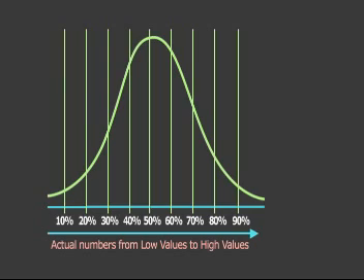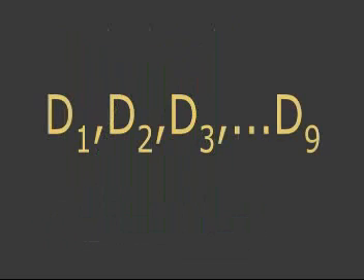The 9th decile cuts off the lowest 90% of data, the 90th percentile. Deciles look like this. Calculating deciles, dividing a set of data into 10 equal parts, is easy if the data set can be easily divided by 10.